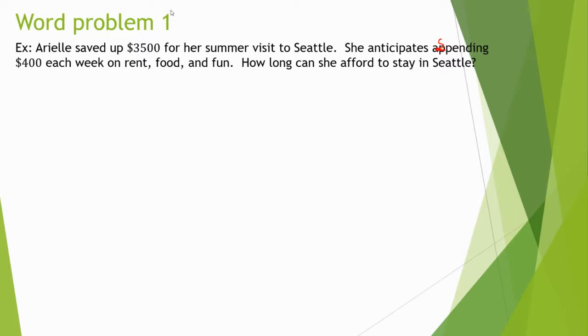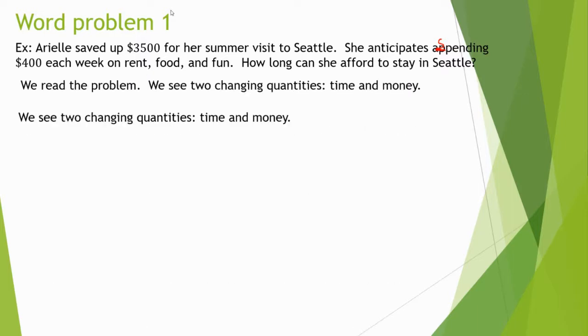How many weeks she's going to be there. That's a changing quantity. We don't know how long that is, but it's still changing. It's not constant. And the amount of money that she has left over. She has saved $3,500, and we want to know how much money she has left over.